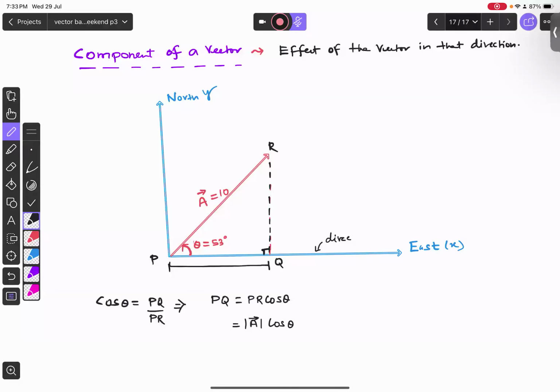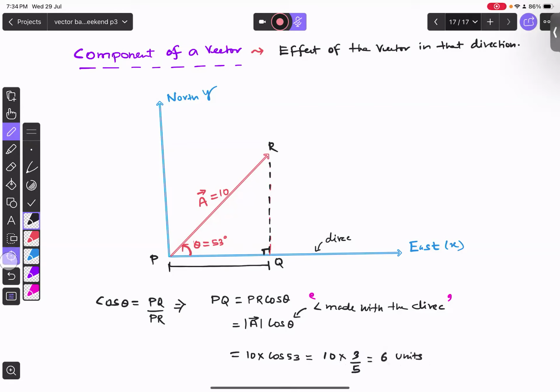So the component of vector A along some direction is going to be A cos theta, where theta is the angle made with the direction, obviously the one along which I have to figure out the component of the vector A. In this case, our vector A is of length 10 and theta is 53. So 10 into cos 53, which is 3 by 5, so that becomes 6 units.